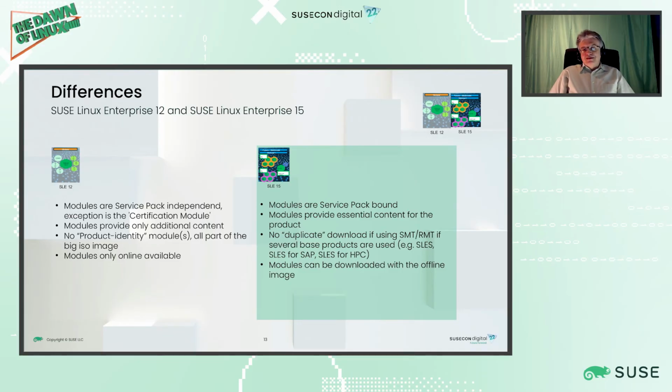And of course, you say maybe, I'm not a big fan of online. What about offline? Yes, you can download one image with all of the modules inside, and that's the big advantage you then have because all of the modules are there, all of the products, and you have also there no duplication.